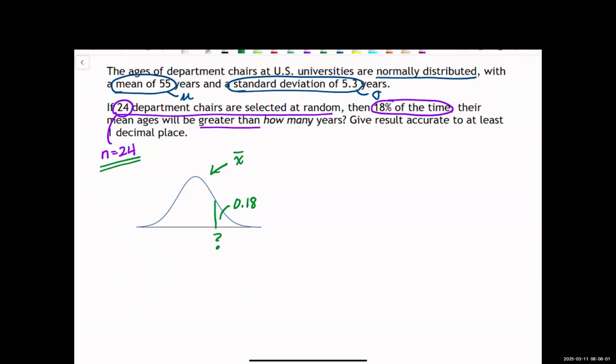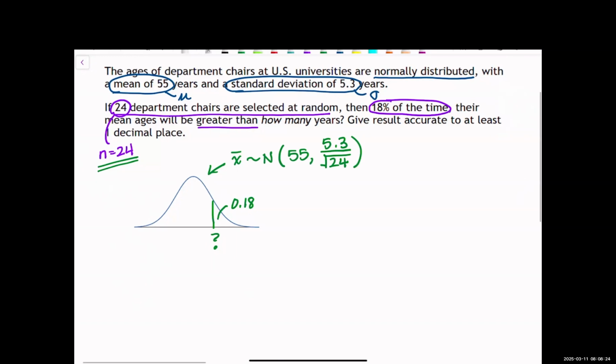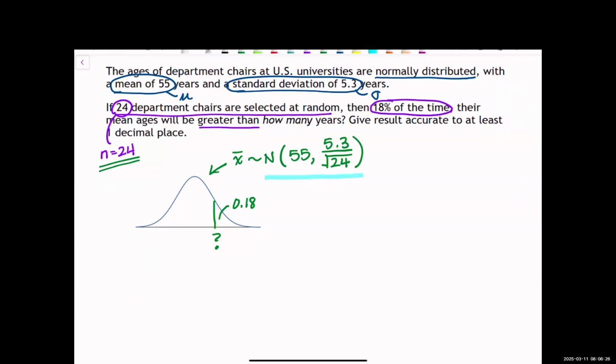This is our X bar distribution, which we know is distributed normally with a mean of mu, the population mean of 55, and a standard deviation of sigma over the square root of n. So this is how we're going to define our distribution in Desmos.